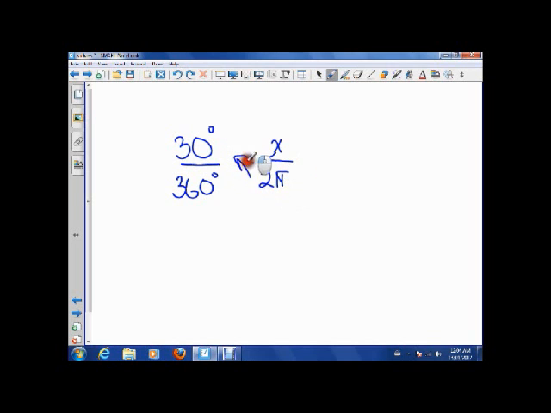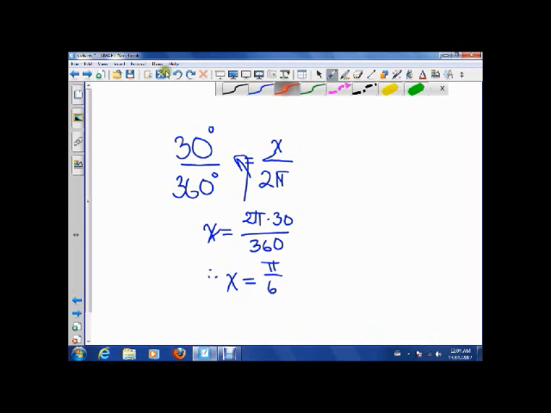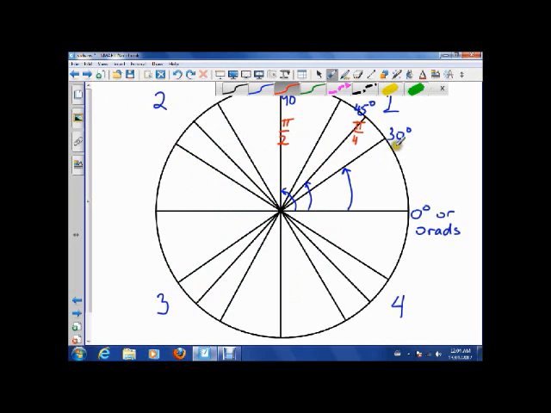Same deal: we cross multiply, and we're left with x is 2 pi times 30 out of 360. So we get the answer, x is pi by 6. Let's go back and make our conclusion: 30 degrees is the same as pi divided by 6 radians.